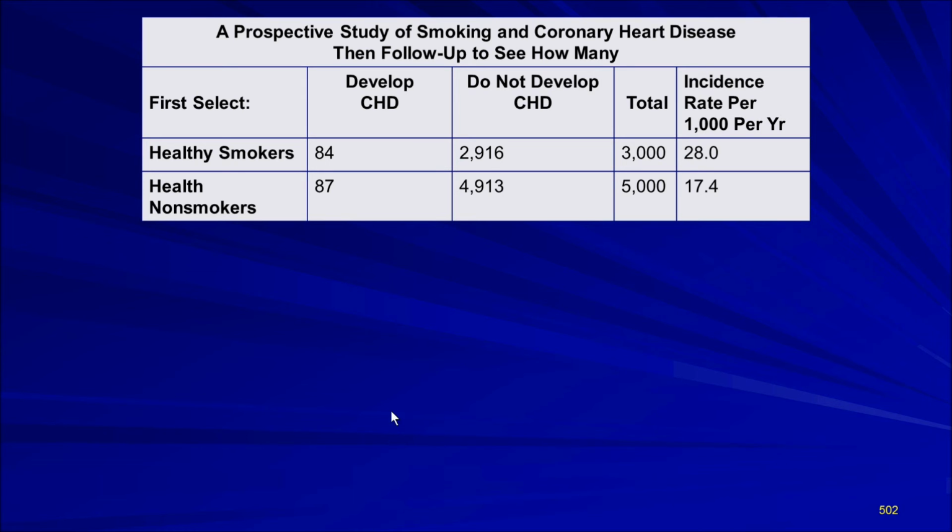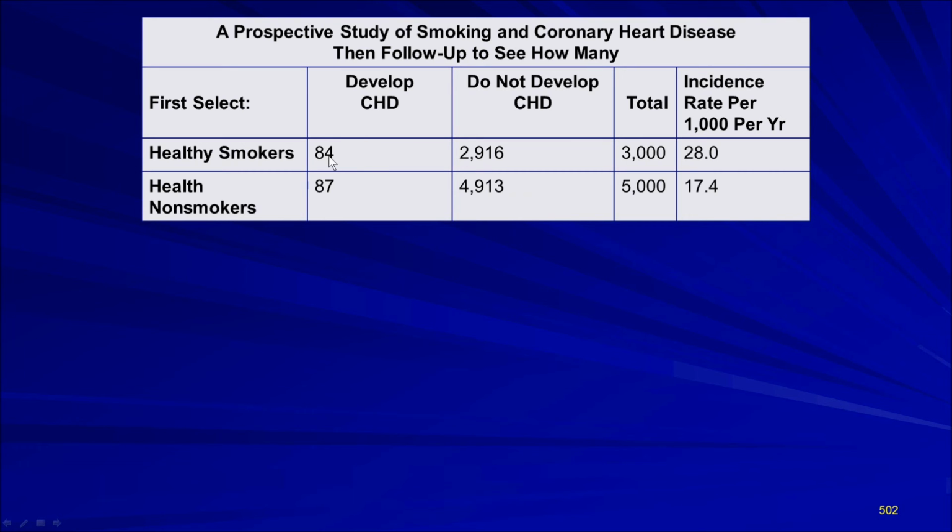Okay, to get attributable risk, absolute risk or incidence rate, and this is for a prospective study, so you have memorized all of these cells and know what they mean and how to label them, because you're going to label them differently when you do an odds ratio.